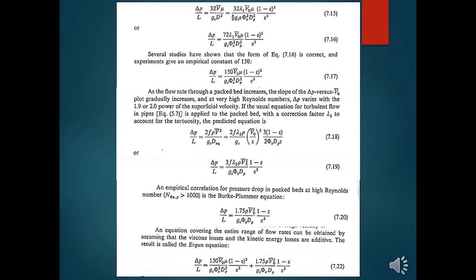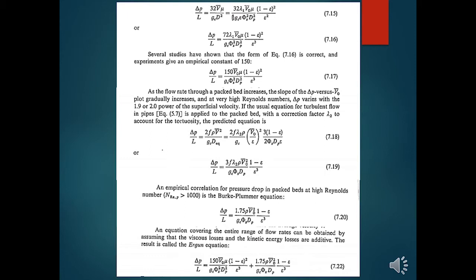And when the Reynolds number increases much beyond that, we can substitute the equation for equivalent diameter into the Darcy equation, which is delta P by L equals 2f rho v square by d equivalent.